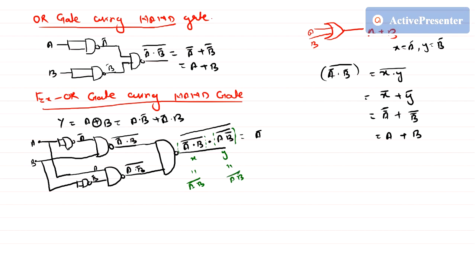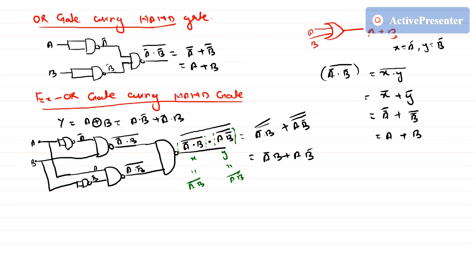If I break this, it will be A bar dot B whole bar whole bar plus A dot B bar whole bar whole bar. The double bars will get cancelled, and you will get A bar dot B plus A dot B bar.